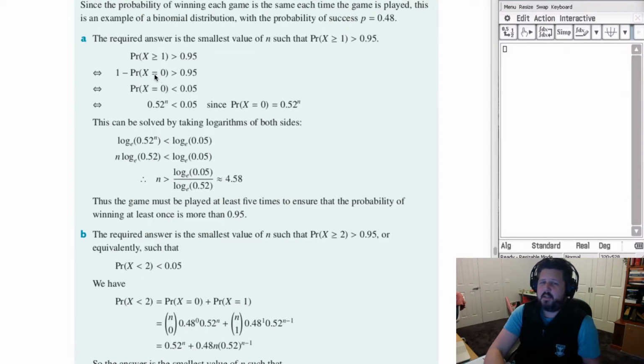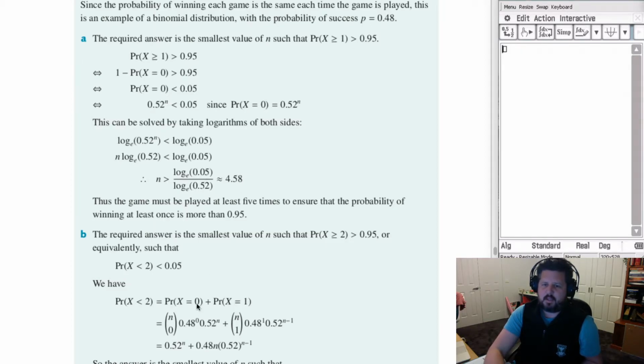On the other hand, if we think about just the probability of x being equal to 0, it's going to be 1 take away 0.95. So the probability of x equalling 0 is going to be less than 0.05. Once we get to that realization, again we can use binomial distribution to work out what the probability of x being equal to 0 is, with a probability of 0.48.